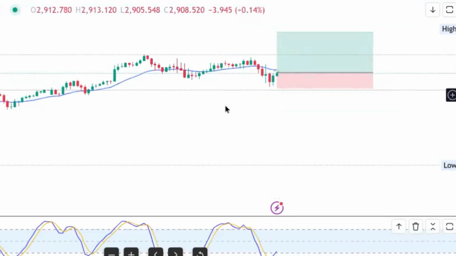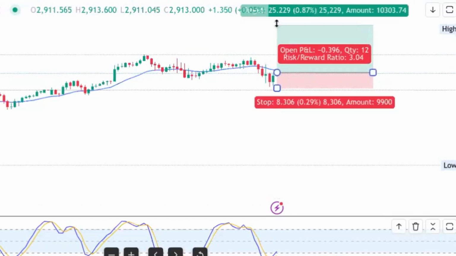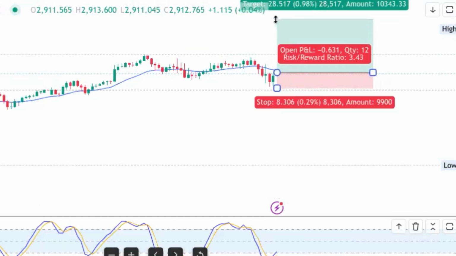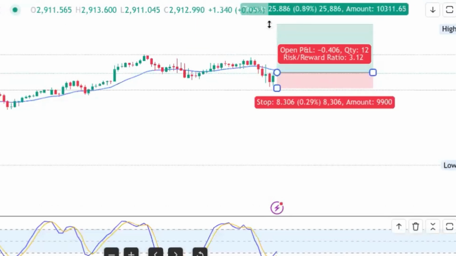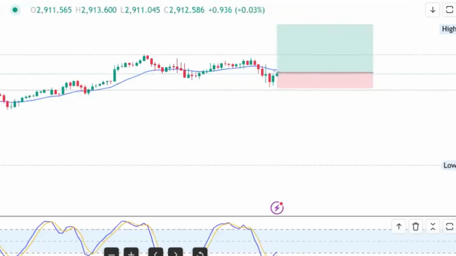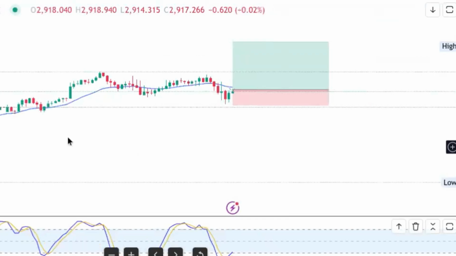Or you could do 1.5, 2.5, it doesn't matter, whichever you decide. All right, 1 to 3 we're aiming for as we've got the crossover. So that's something that you can pay keen attention to. We have been respecting the trend line.